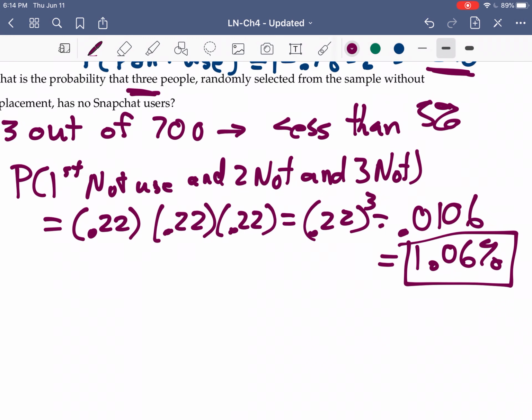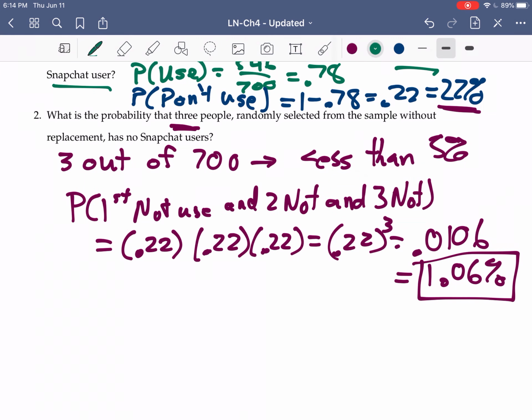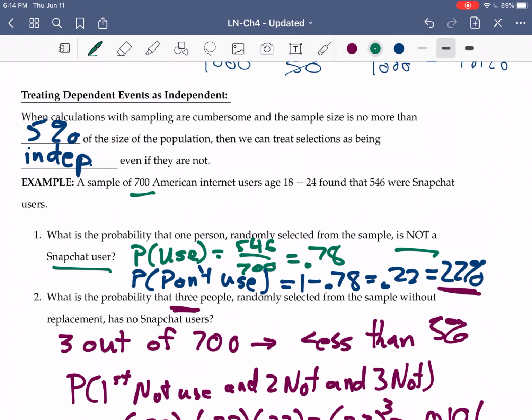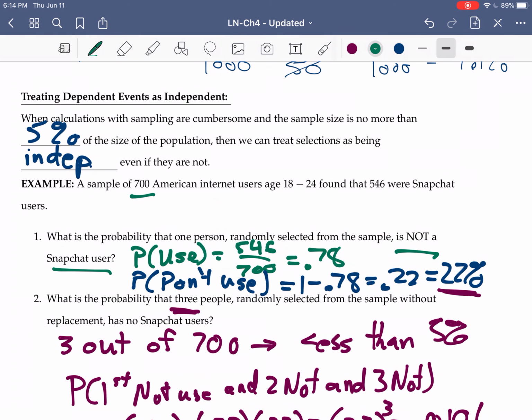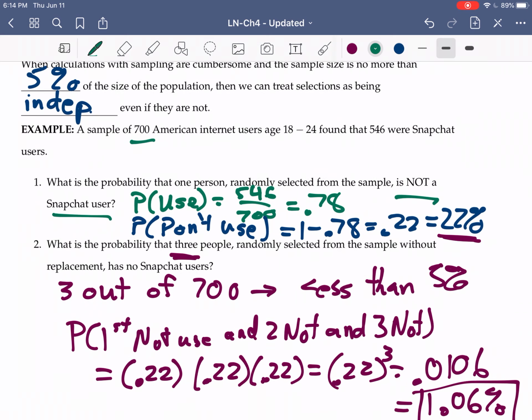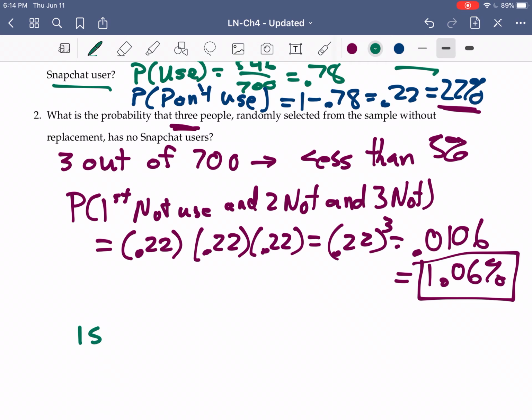If you didn't want to do an approximation, then what we would have done instead is say, well, we have 546 that use Snapchat. That means that 154 do not use Snapchat. So we have 154 out of 700. That's the probability the first person doesn't use Snapchat. For the second person, we want to know what's the probability the second does not use Snapchat, given the first did not.